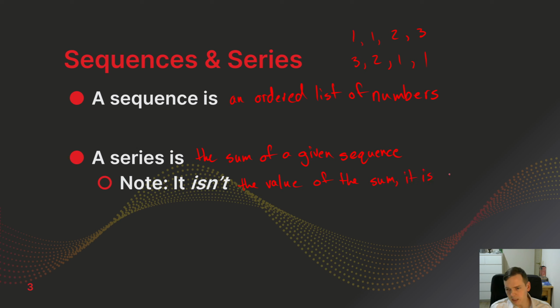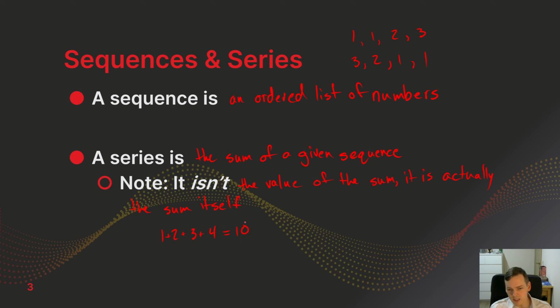It is actually the sum itself. So like writing out the numbers together. So for example, 1 plus 2 plus 3 plus 4 is the series. Now 1 plus 2 plus 3 plus 4 is equal to 10.